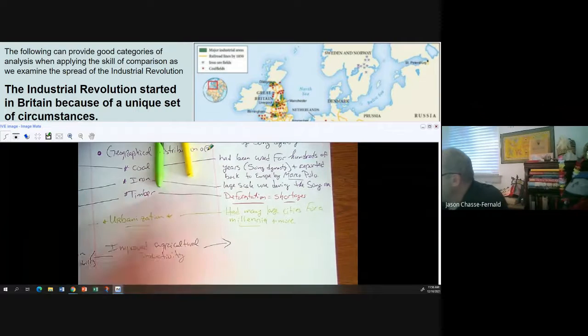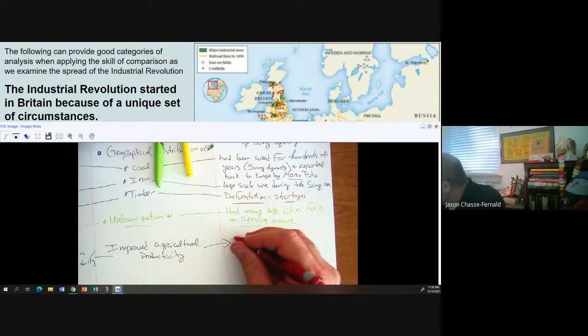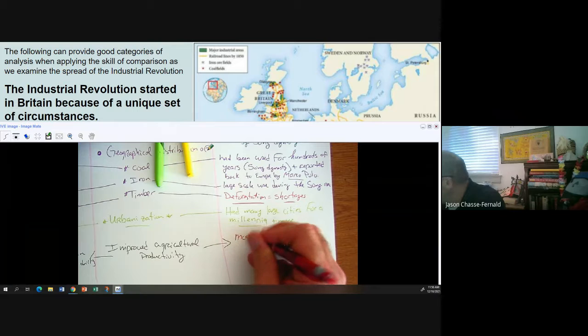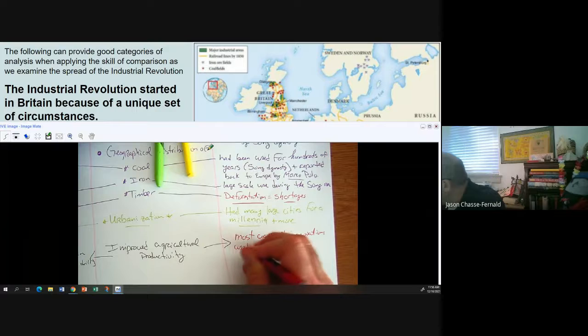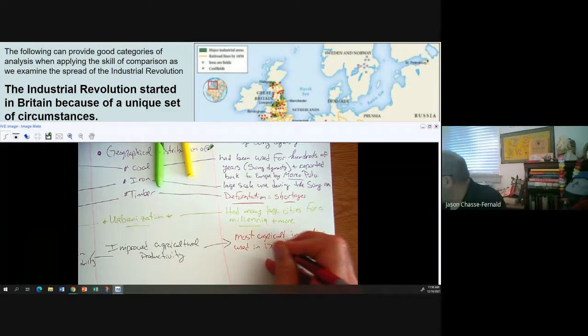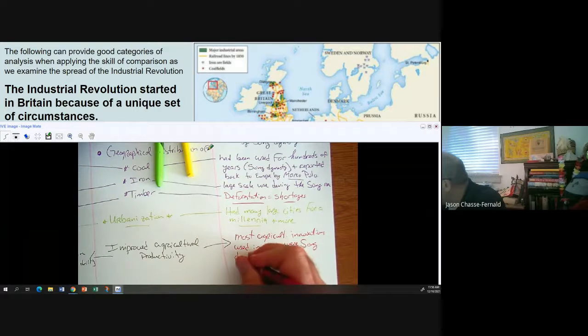I think this is a place where we can say, let's just say, most agricultural innovations used in the 1700s were Song Dynasty era innovations.